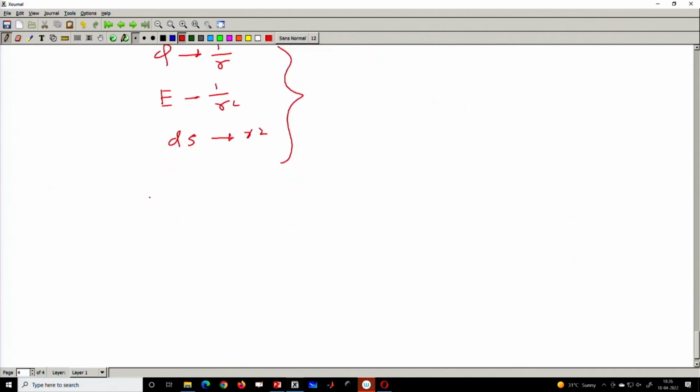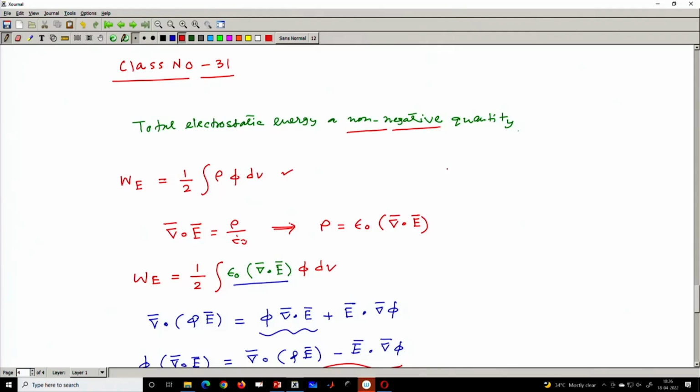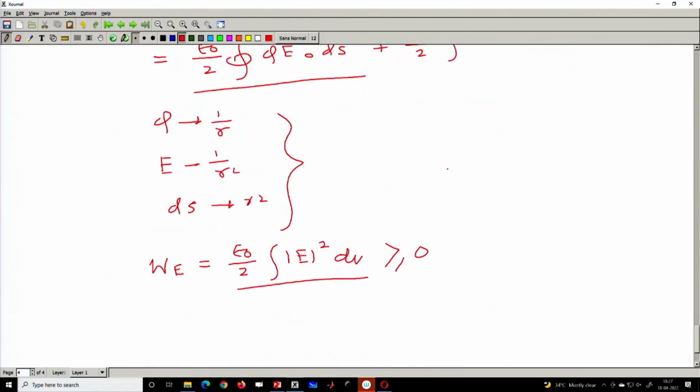So, W_e is simply equal to epsilon 0 by 2 times the integration of mod E squared dV, and that quantity is obviously greater than or equal to 0. That proves that the electrostatic energy is a non-negative quantity.